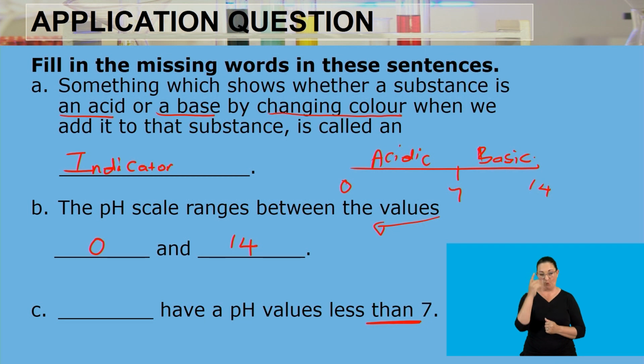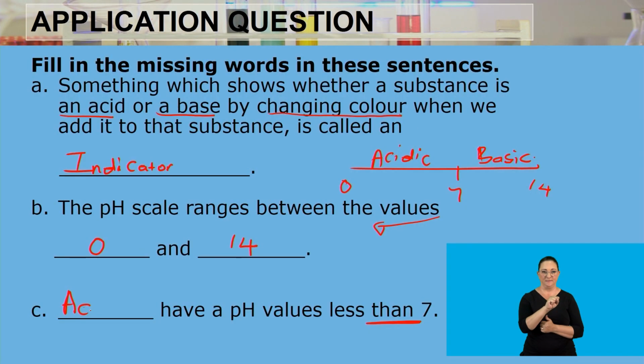So those are bases. So between the two, what has a pH value less than 7? We know that less than 7 is acidic. So therefore acids. Acids have a pH value that is less than 7.